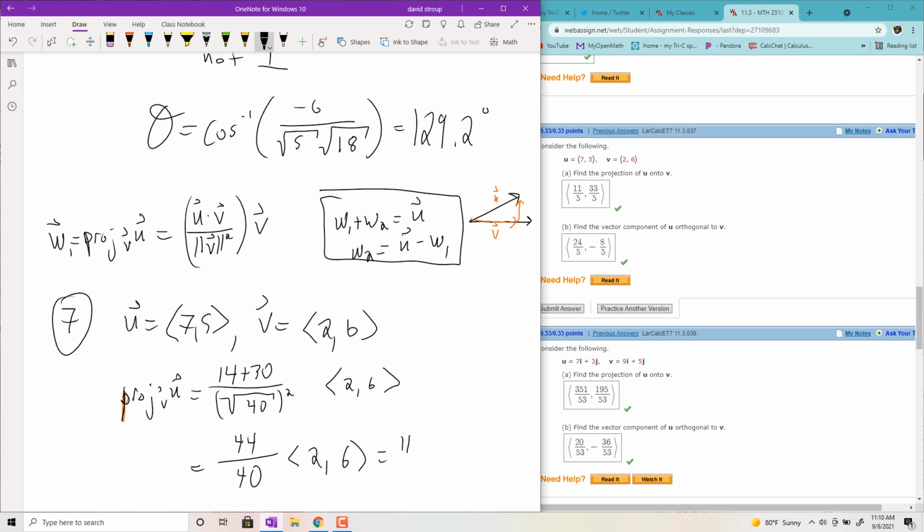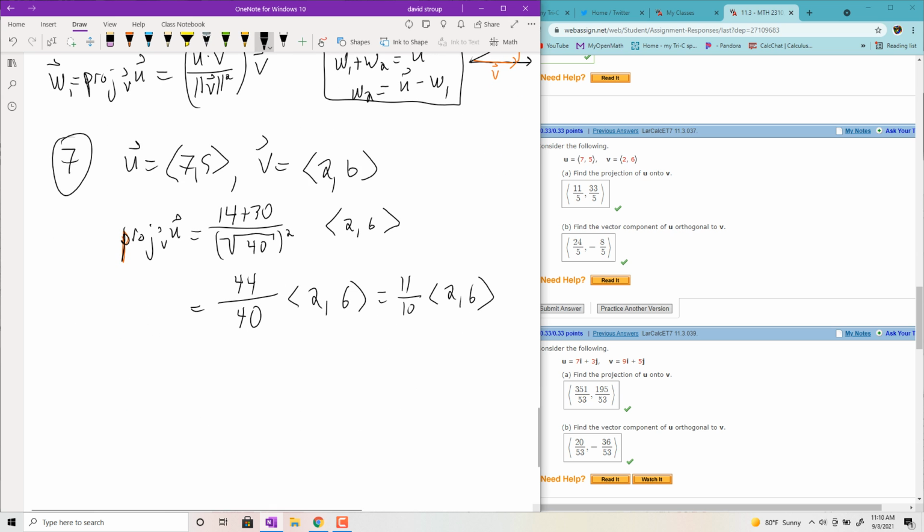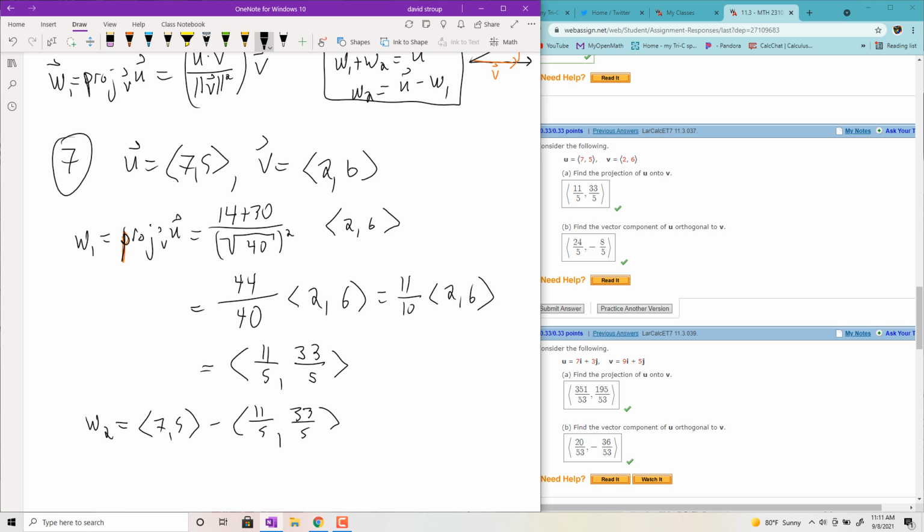Simplify, that's 11 over 10 times 2, 6. Simplify even more. So that should be 11 fifths, comma 33 fifths. Okay, so that would be your W1, and then for W2, you're taking U, which is 7, 5, and subtracting away W1, which is 11 fifths, 33 fifths.